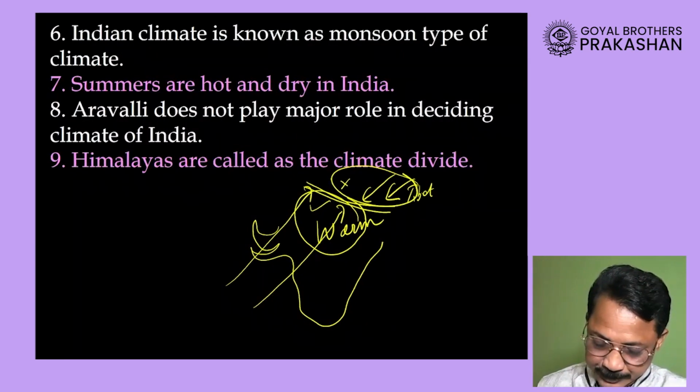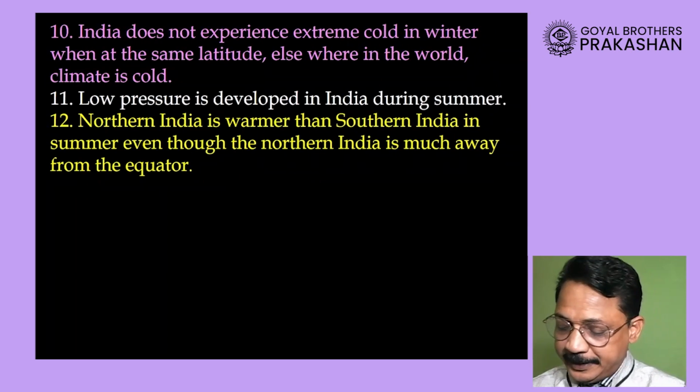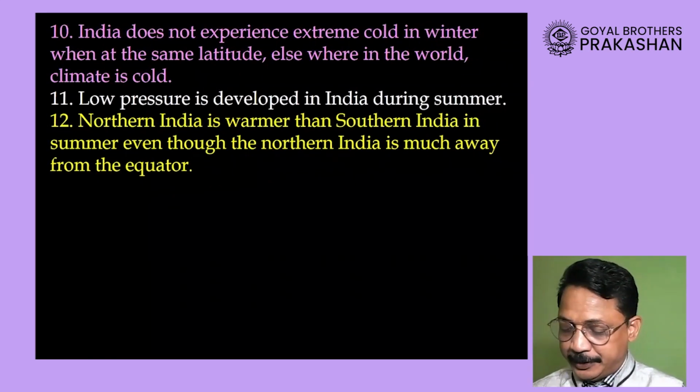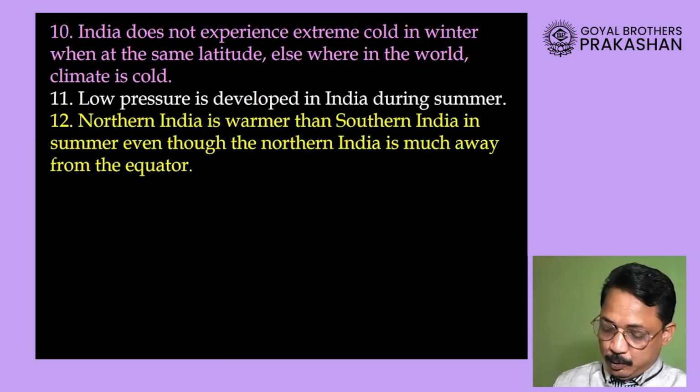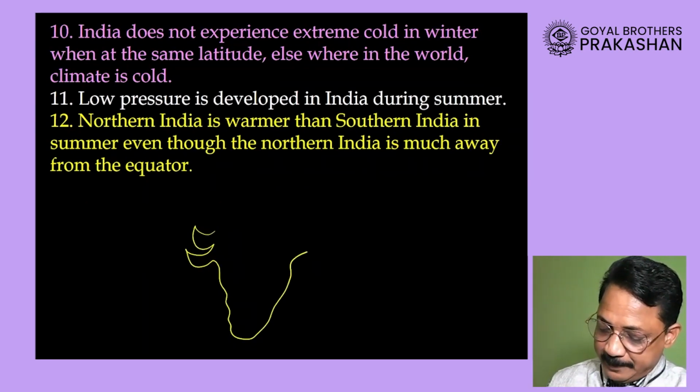Now the next question, dear student, is why India does not experience extreme cold in winter when at the same latitude elsewhere in the world the climate is cold. I will explain this one with the help of a map, dear students.